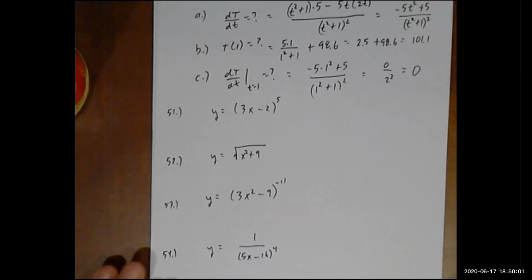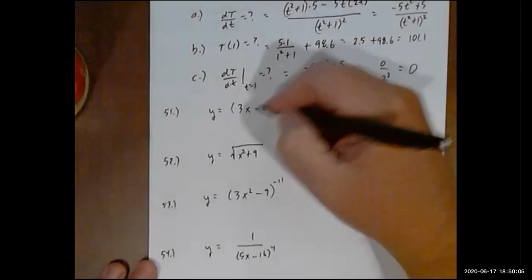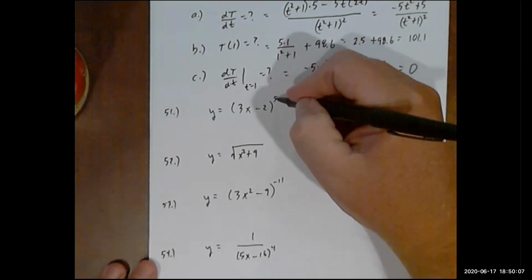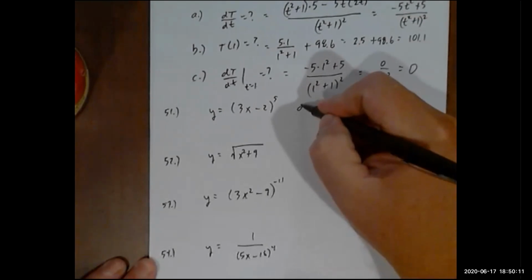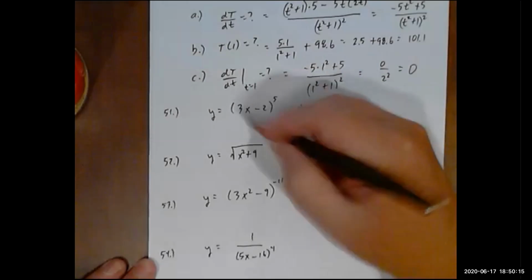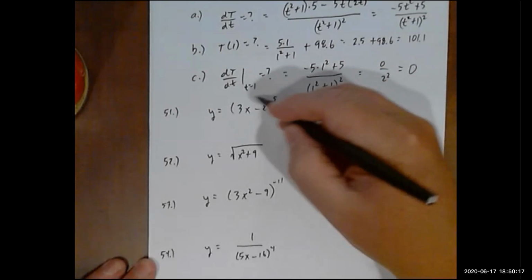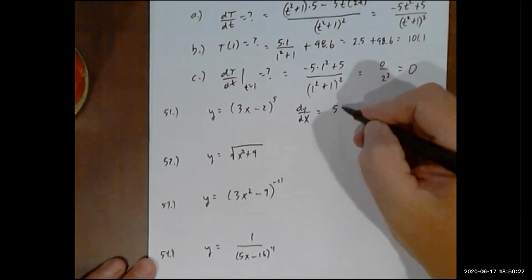So 51 was the first one. Chain rule is when you have normally stuff inside parentheses and the parentheses raised to an exponent. We have to use the chain rule to take the derivative. The chain rule, that is, you take the derivative, what I call the outside, you sort of ignore what's inside the parentheses. You just think of it as like a black box.